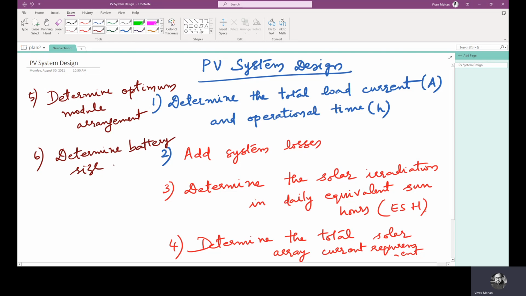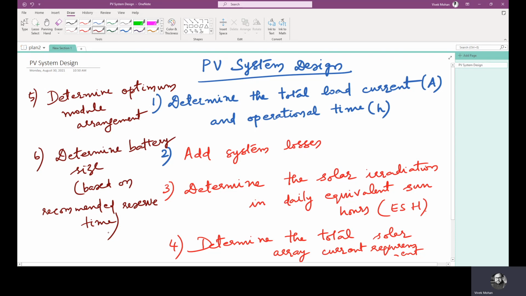Battery size is based on the recommended reserve time. Even though the panel is not available, we can use the battery for a particular number of hours. So based on that requirement, that is the reserve time, you can size the battery.